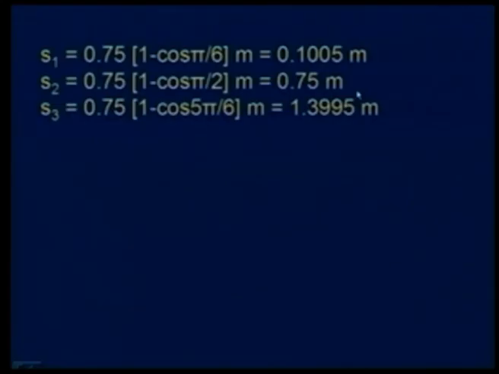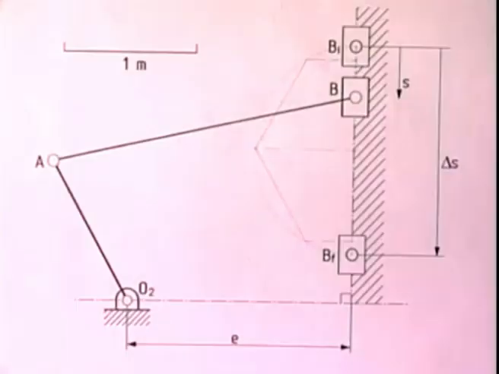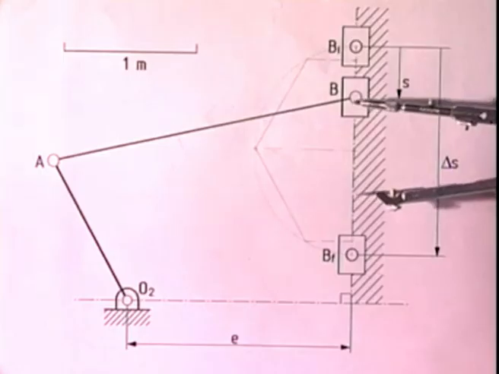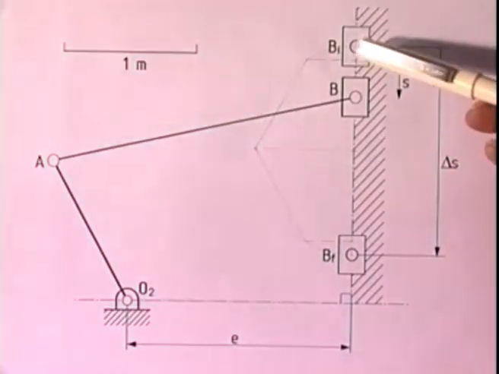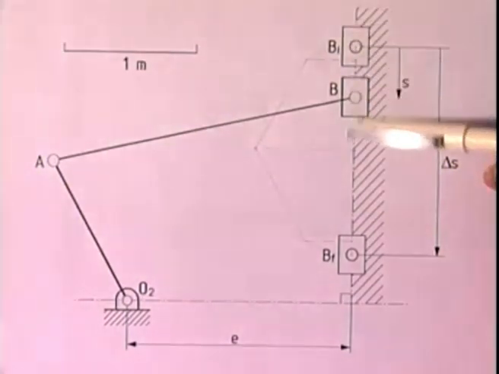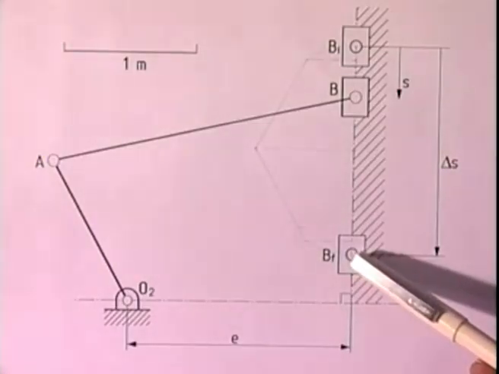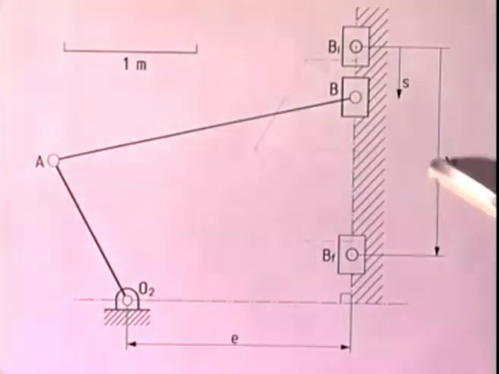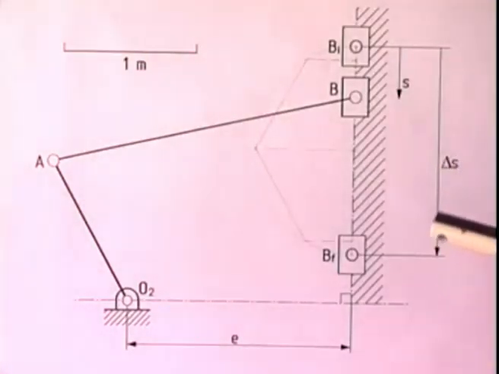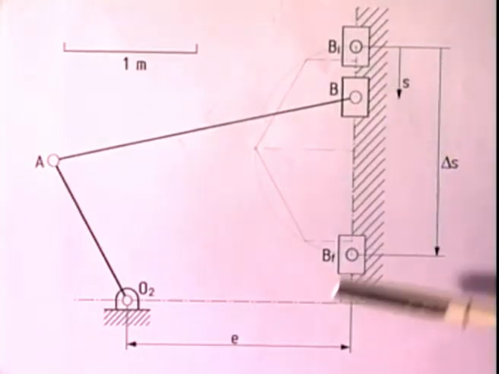Let me now obtain the same 3 points B1, B2, B3 graphically. To determine the 3 accuracy points graphically, let me refer to this figure. This is the initial point BI, which I have chosen on this chosen vertical line, and this is the point BF, and to this scale BI to BF, this delta S is 1.5 meter, and we have to locate 3 accuracy points in this range BI to BF graphically.